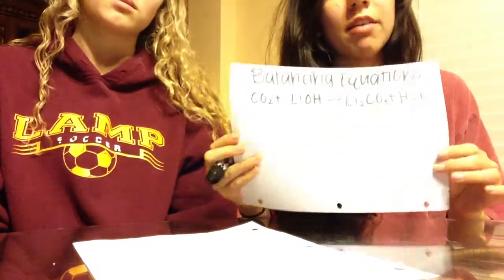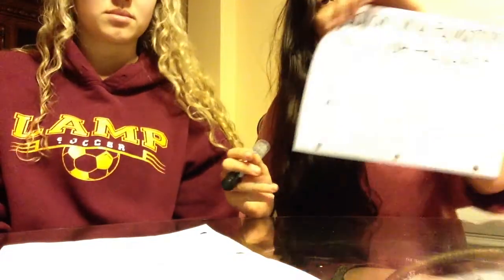Okay, so first of all, we're going to write out all of the elements that we have. So we have carbon, oxygen, lithium and hydrogen. And we're going to write that on one side of the equation, and we're going to rewrite it on the other side of the equation.